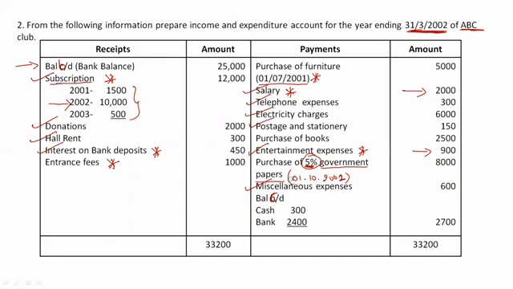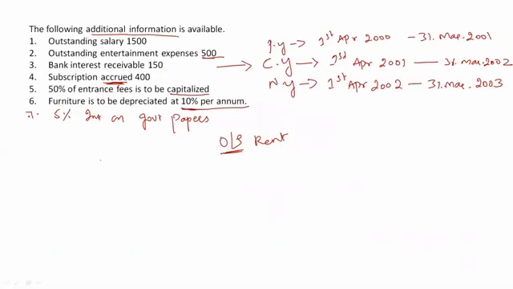But we still have to consider the adjustments once. Check whether every adjustment has appeared once in the income and expenditure account or not. Remember, all the adjustments will appear once in the income and expenditure account. So outstanding salary is done, yes. Entertainment expenses are done. Bank interest is taken, subscription is taken, entrance fee is taken, furniture depreciation is taken.